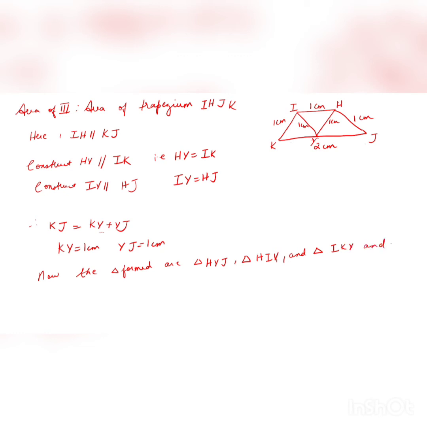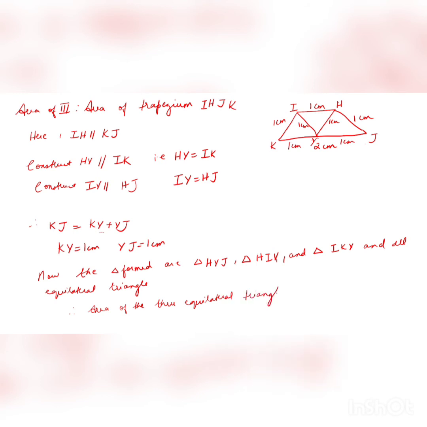And if you noticed, all this is because this is also 1 centimeter and 1 centimeter. Now look at this, all of them are equilateral triangles. Clear? Therefore the area of the 3 equilateral triangles.